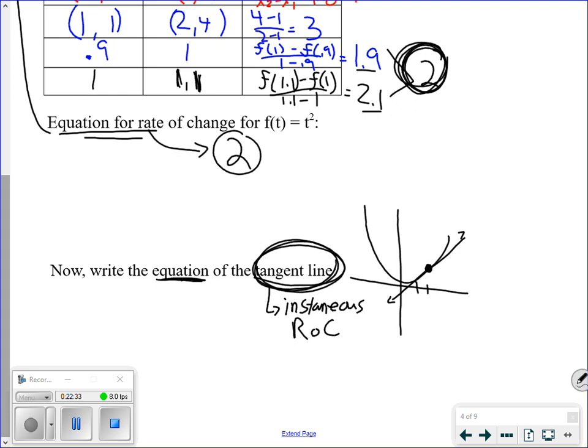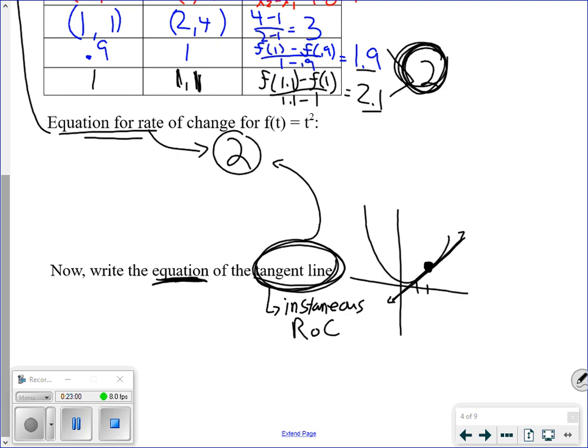Whereas a secant line finds the slope between 2 points, a tangent line is just intersecting the graph at 1 point. So if we are able to find the slope of that, we have found the instantaneous rate of change. The only issue with finding the slope of this line is we're only given 1 point on it. That's why we have to estimate it by using smaller and smaller intervals of the average rate of change. But we're going to write the equation because we guessed that the tangent line slope was 2.